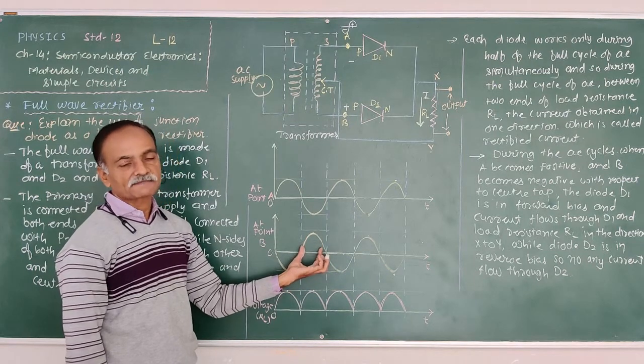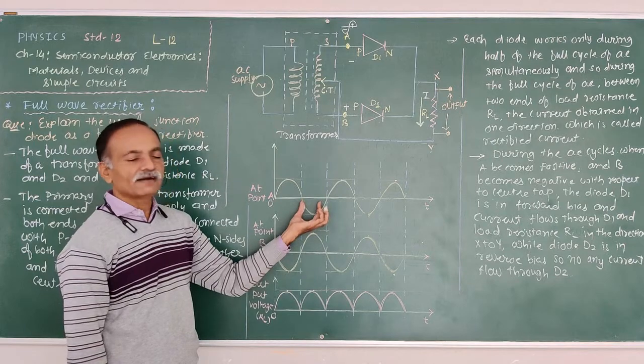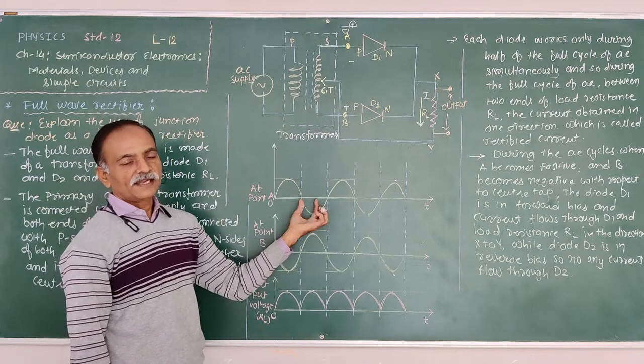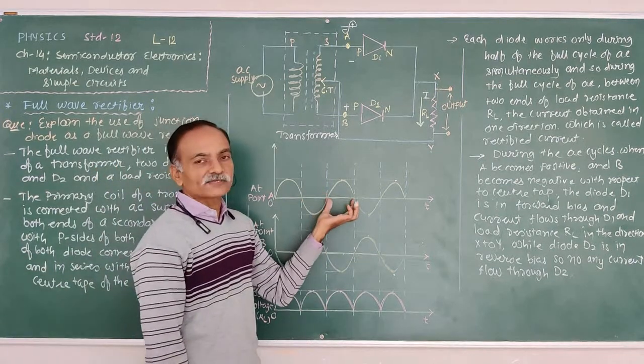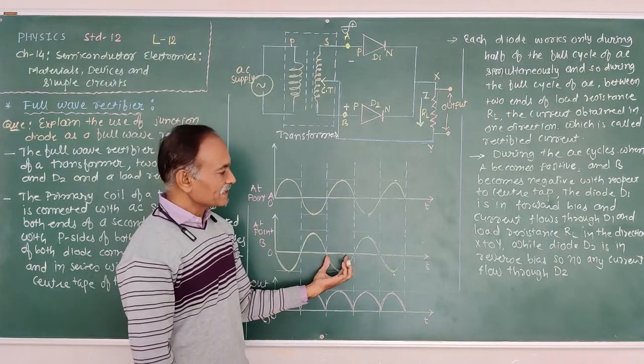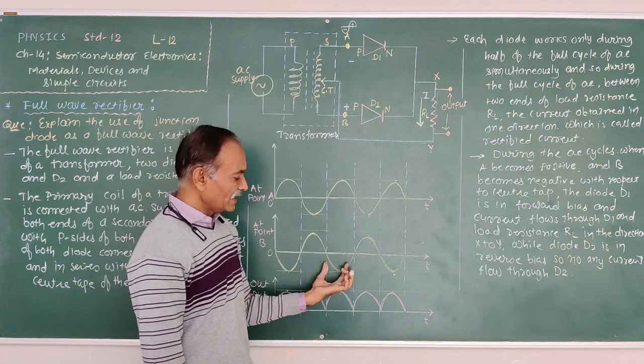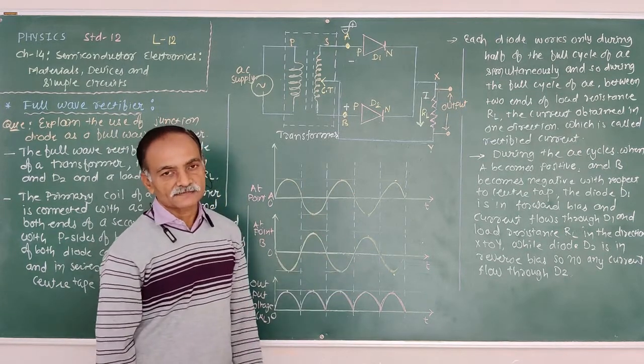Therefore diode D2 is in forward bias, D1 is in reverse bias. Next, the positive half cycle comes again at A and the negative half cycle is applied at B, so diode D1 is in forward bias, diode D2 is in reverse bias.